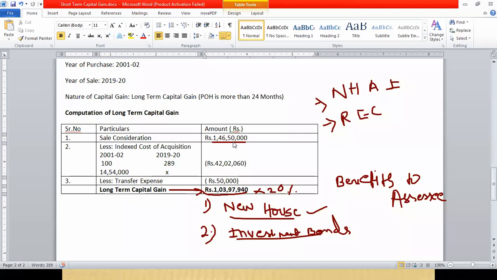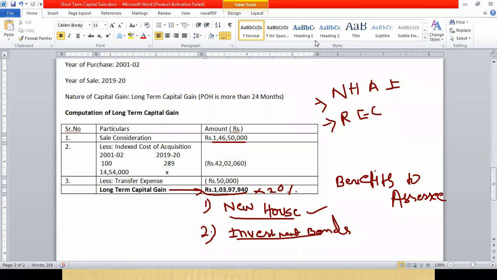So you can purchase a new house and avoid paying tax. This is a benefit given in the Income Tax Act. If you use the consideration for investing in a new house property, then you will get the benefit on capital gain tax, or you can invest in some bonds issued by various authorities.